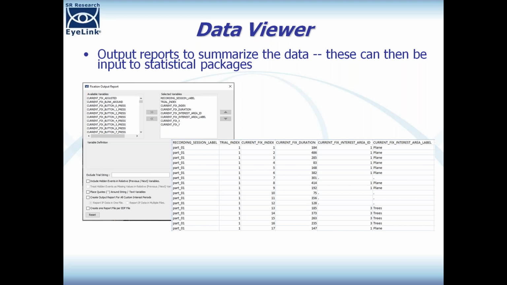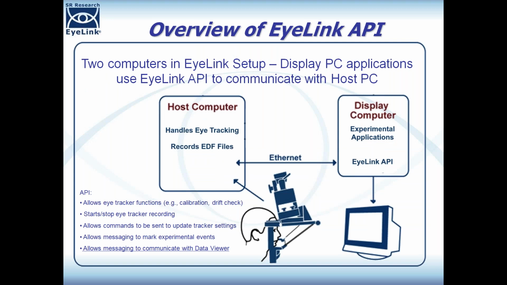So Data Viewer is like an intermediate step between data collection and statistics that does a lot of the grunt work of matching the gaze data to the fixations and then generating these reports for you. Okay, so that's a brief overview of Data Viewer. Now let's talk briefly about the EyeLink API.